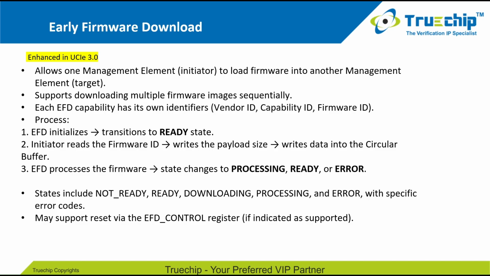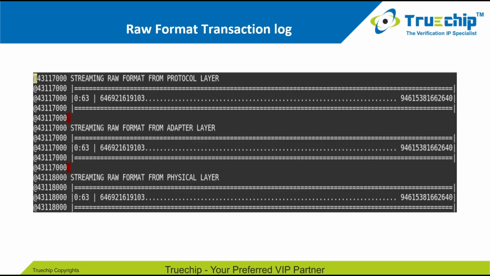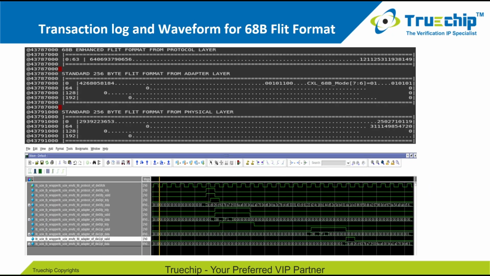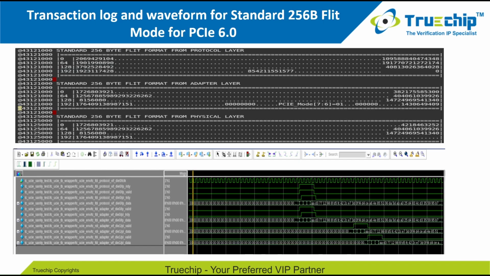And here we see some transaction logs and waveforms from our chiplet verification IP showing these protocols in action. This is the streaming raw format, and these logs are 68-byte flit format. Here you can see the standard 256-byte flit for PCIe.